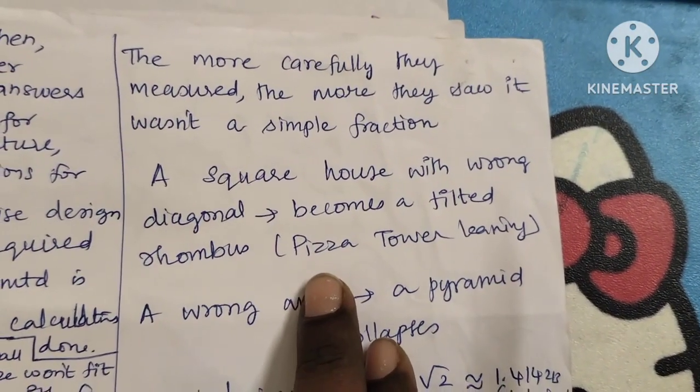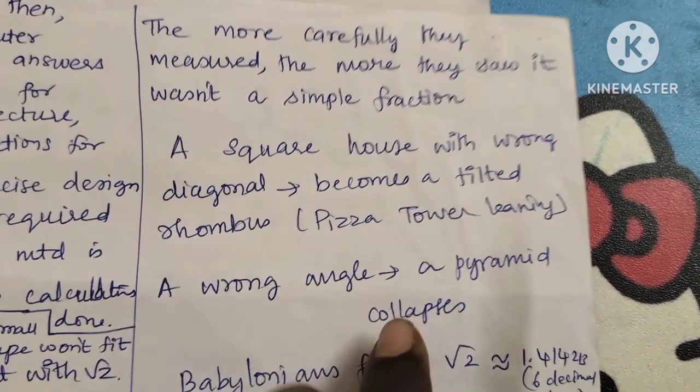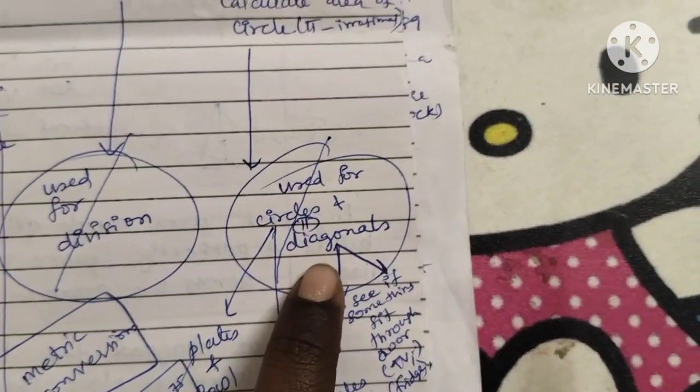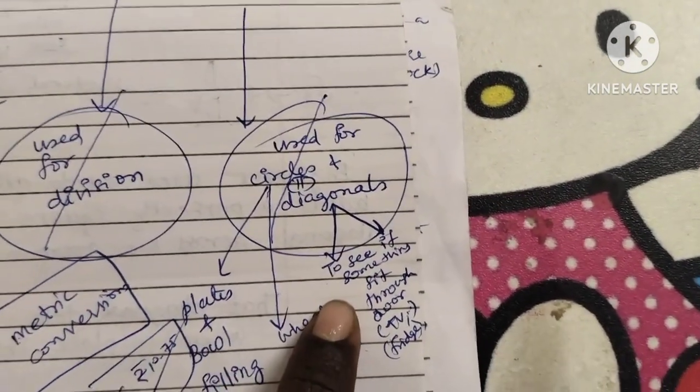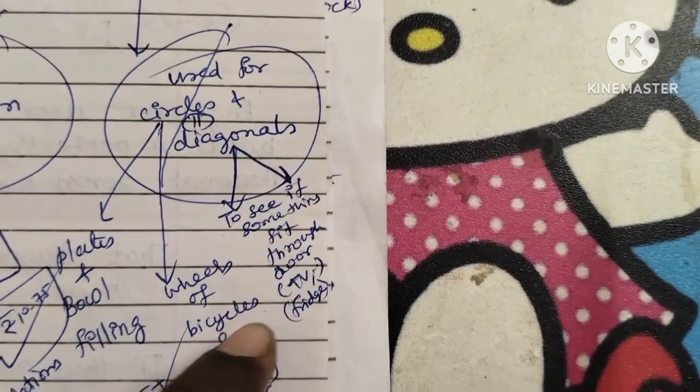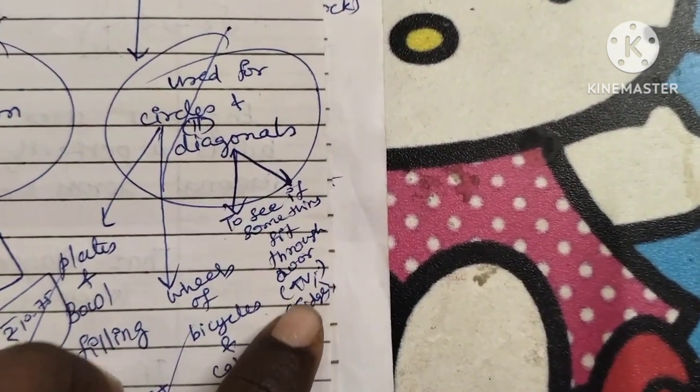If you see the Pisa tower leaning, we are talking about only a square. Why am I talking about the buildings? Because the diagonals are mostly used to see if something fits through the door, like a TV or a fridge. They are all in the cuboid or the cubic structure.